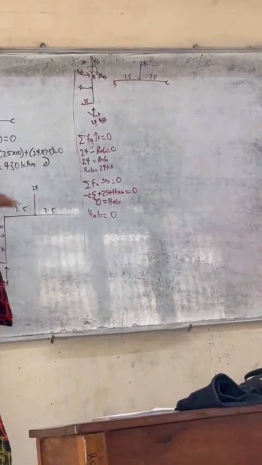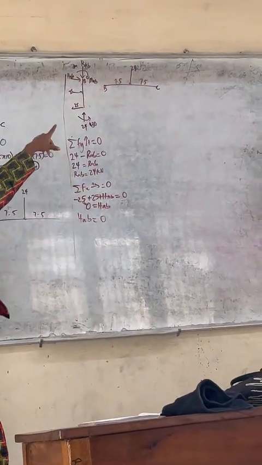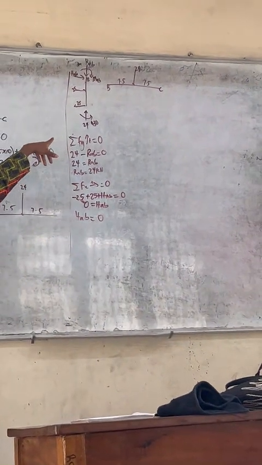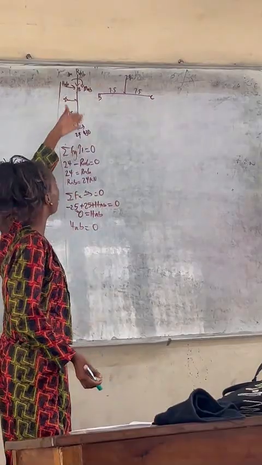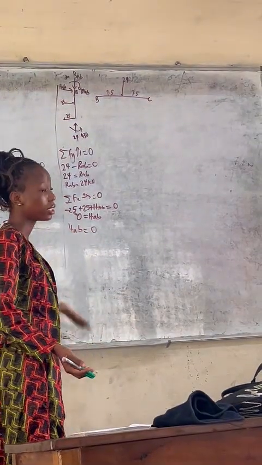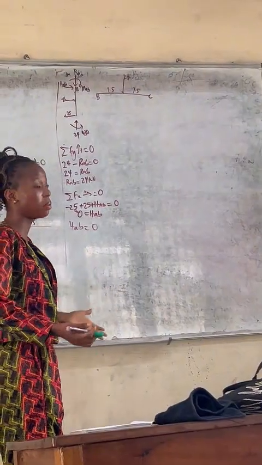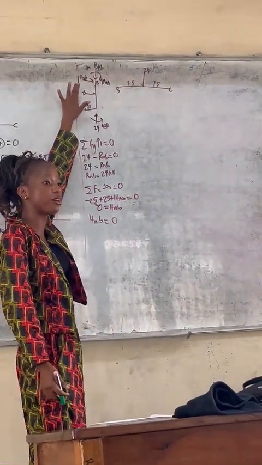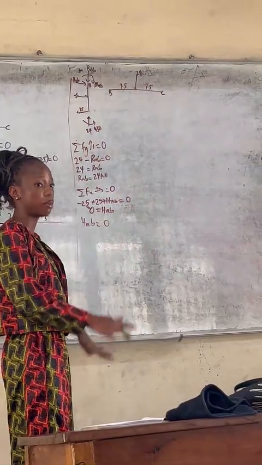That means there is no horizontal force acting at that point. Now if you look at it, it's actually about balancing. 24 is going up, 24 is coming down, balance. 25 is going to the left, 25 is going to the right. It's already balanced. So obviously no other force is going to act at that point, because the horizontal force is already balanced.